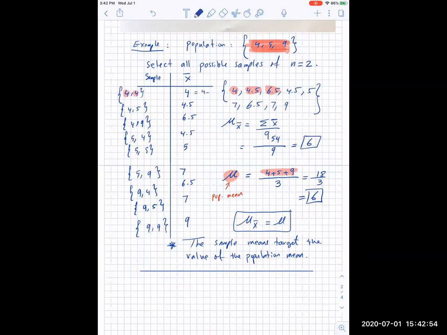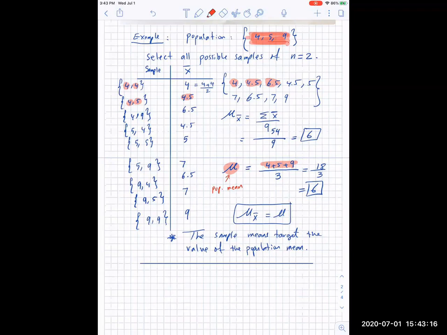I add the values, divide by 2. Okay. 4 plus 4, 8, divided by 2, 4. 4 plus 5, 9, divided by 2, gives us 4.5. Just the average, or the sample mean. Okay. Thank you.